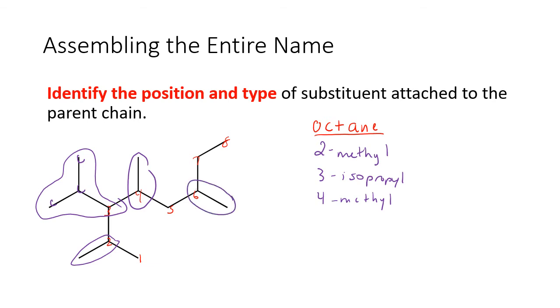In position 6, we have a methyl group. So now that we've had our list, we would essentially end up listing everything in alphabetical order. So what do they go by for their ABC order? Well, something like methyl would go by the letter M. Something like isopropyl would go by the letter I.